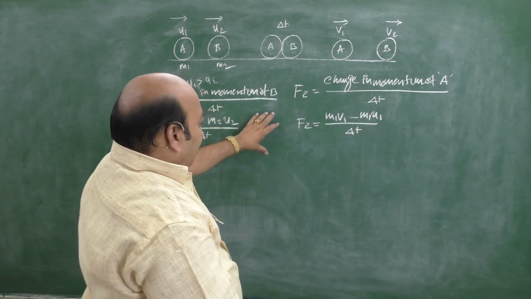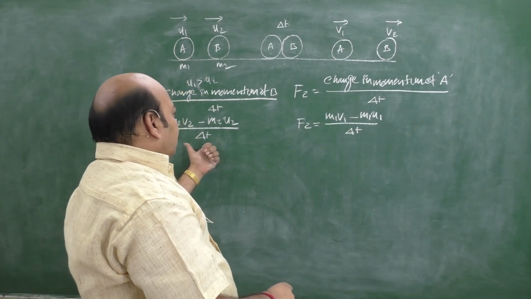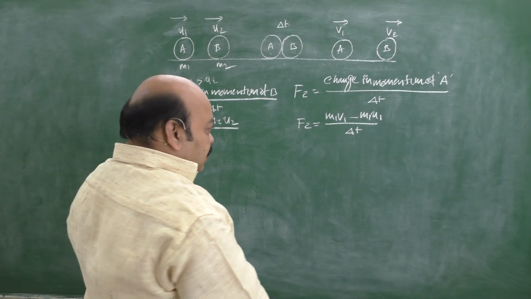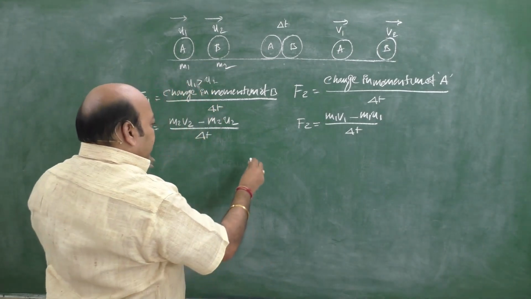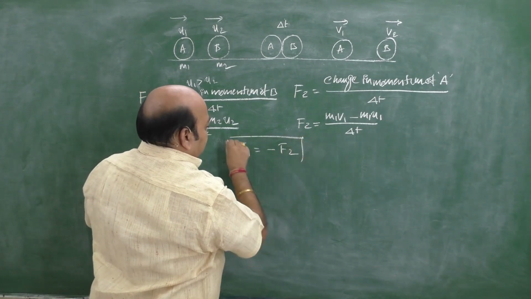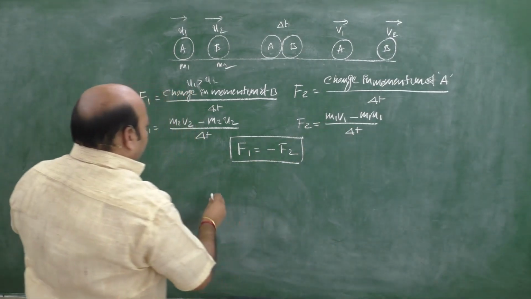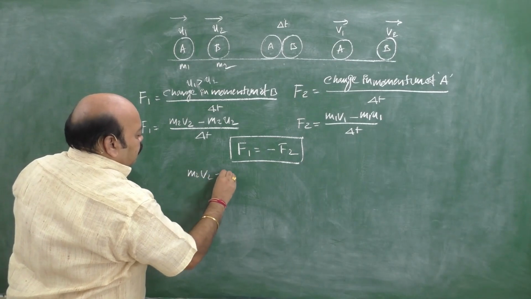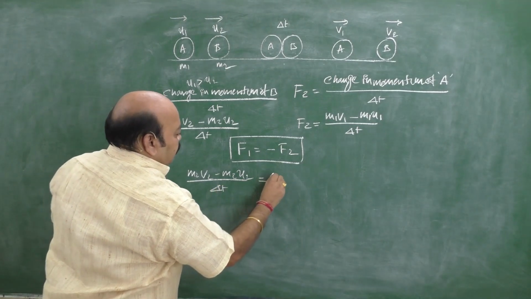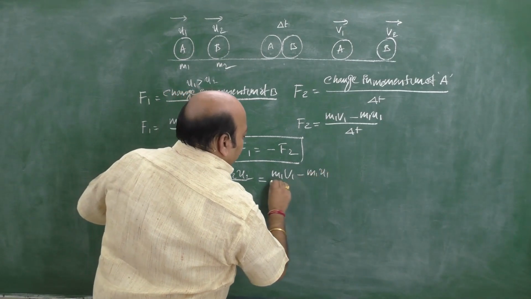Are you ready? According to Newton's third law, these two forces, so-called action and reaction, are equal in magnitude but opposite in direction. That's why I am going to write F1 is equal to minus F2. Action is equal and opposite to the reaction. If we compare these two, we get m2 v2 minus m2 u2 by delta t is equal to m1 v1 minus m1 u1 by delta t.